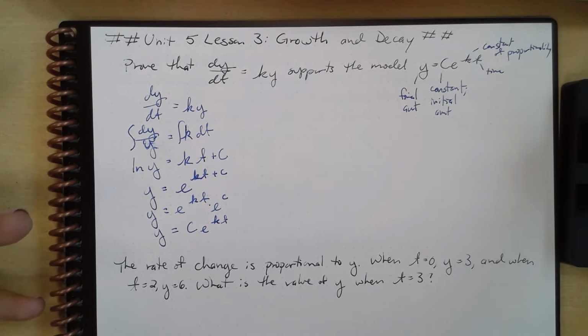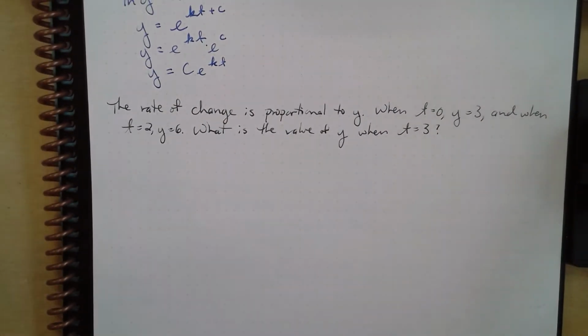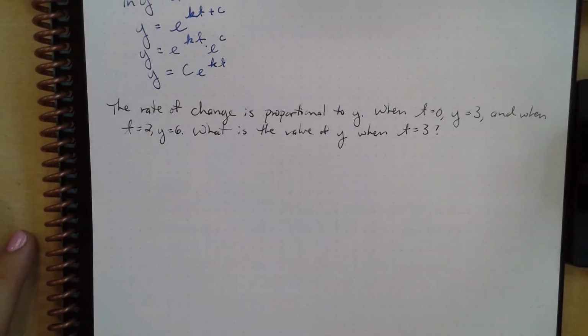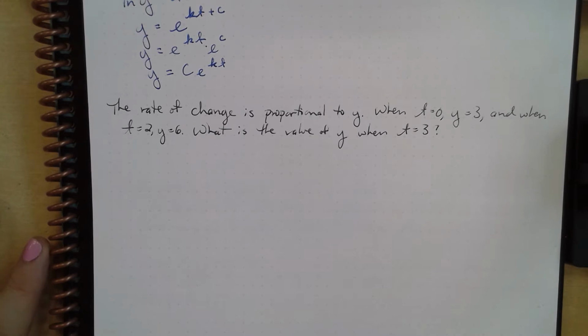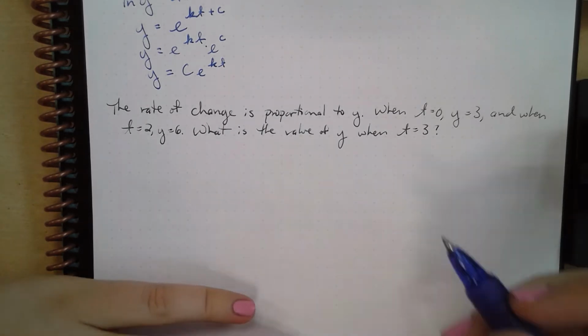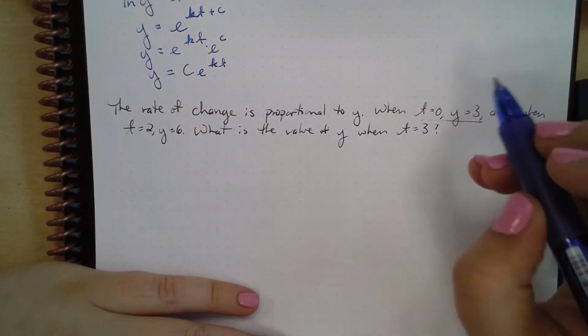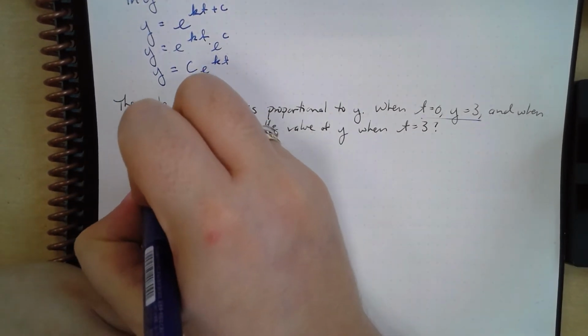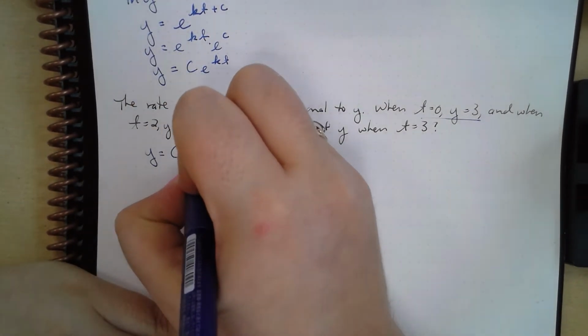So now we can use this information to apply to different problems. So we are asked, the rate of change is proportional to y. When t equals 0, y equals 3, and when t equals 2, y equals 6. What is the value of y when t equals 3? All right, so we know that this is our initial, t equals 0, y equals 3. And so we can say that y equals ce to the kt.